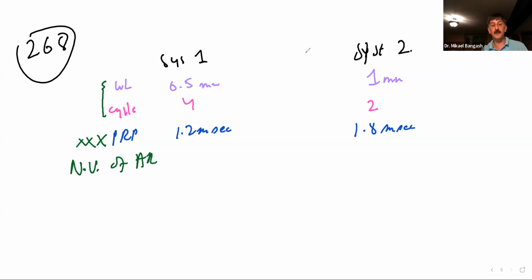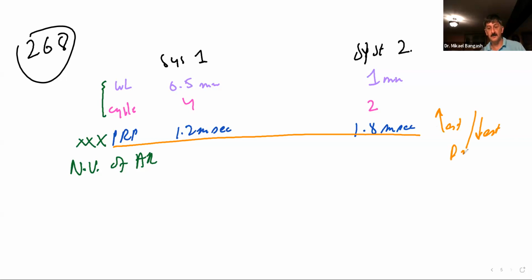The PRP would only be relevant information if they had asked which of these 2 systems has the greatest or shallowest depth of image.